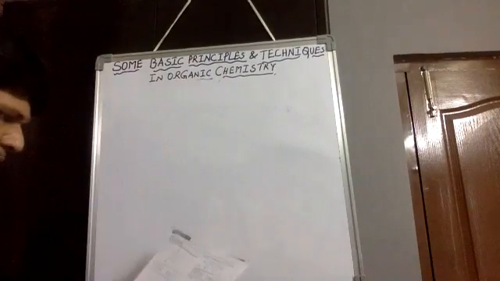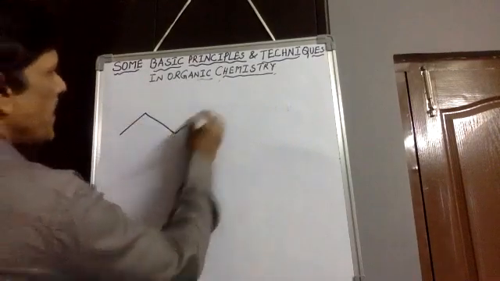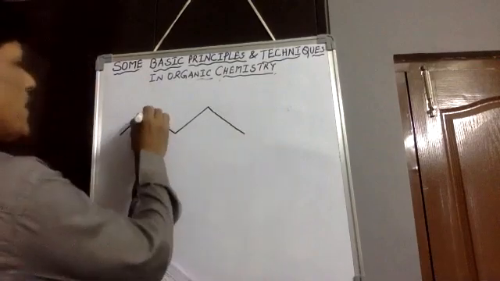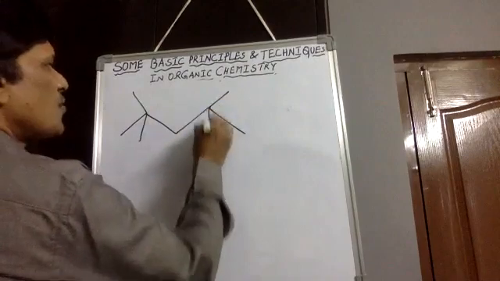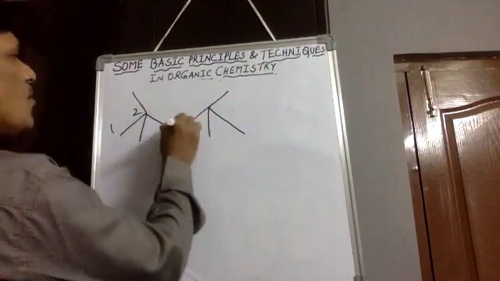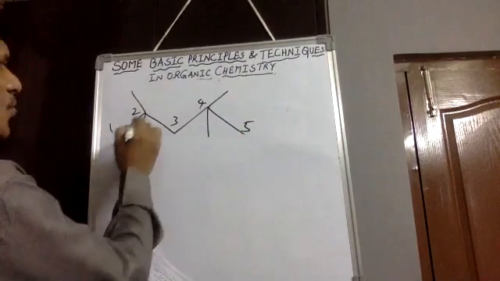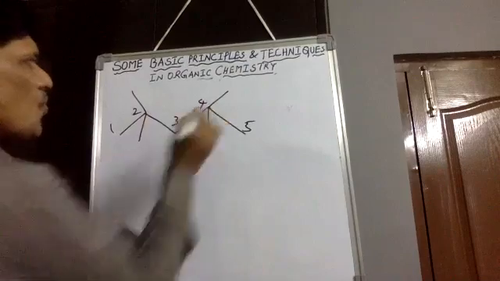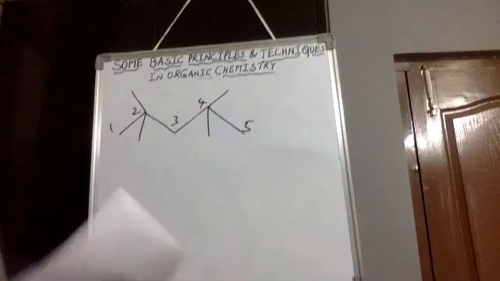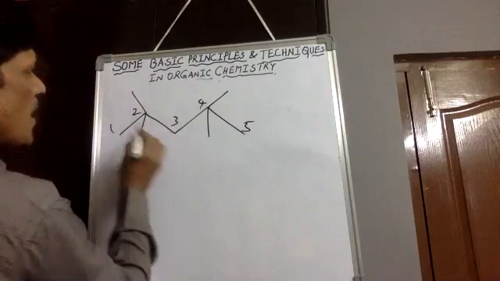Therefore, 2,2,4,4-tetramethyl pentane. Pentane means we have to take 5 carbons. Here, 2 methyls as well as 2 methyls are there. 1, 2, 3, 4, 5. At the second position 2 methyls, at the fourth position 2 methyls. When we take these 2 carbons, we can identify a carbon surrounded by 4 carbons.